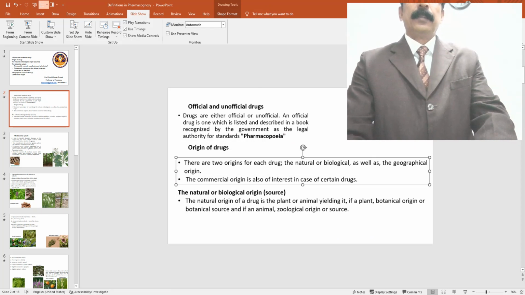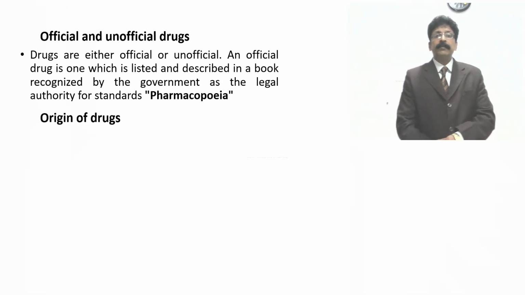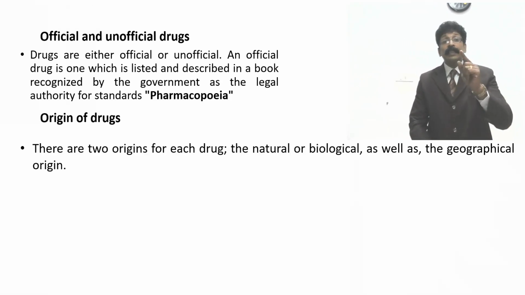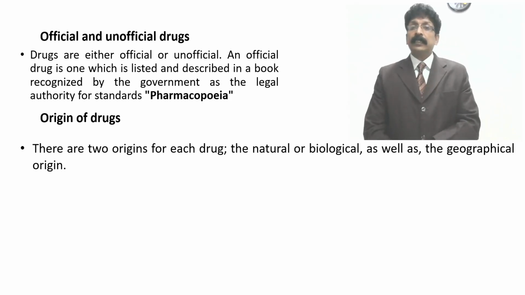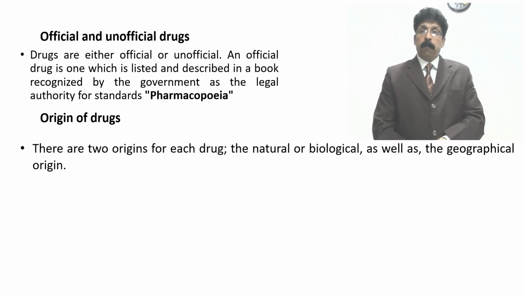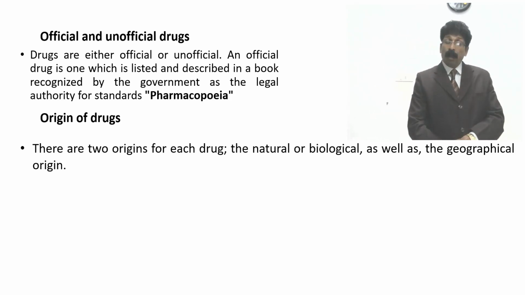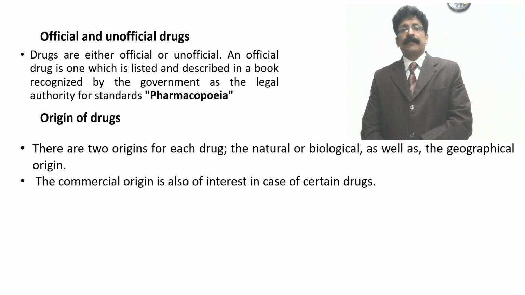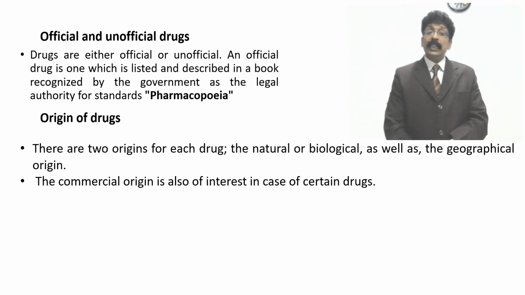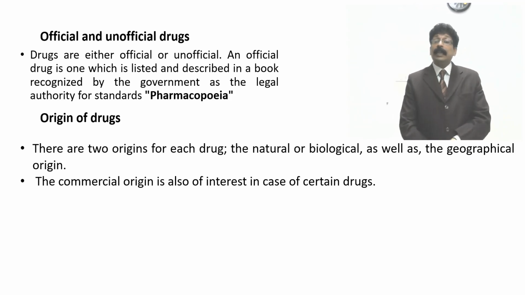See, it's not a big issue. So you can see here, it states that there are two origins for each drug: the natural or biological, as well as the geographical origin. The commercial origin is also of interest in case of certain drugs, as I have told now.